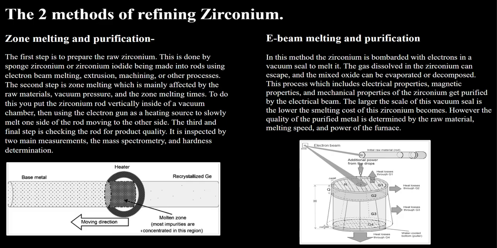This process, which includes electrical properties, magnetic properties, and mechanical properties of the zirconium, gets purified by the electrical beam. The larger the scale of the vacuum seal is, the lower the smelting cost of the zirconium becomes. However, the quality of the purified metal is determined by the raw material, melting speed, and power of the furnace.